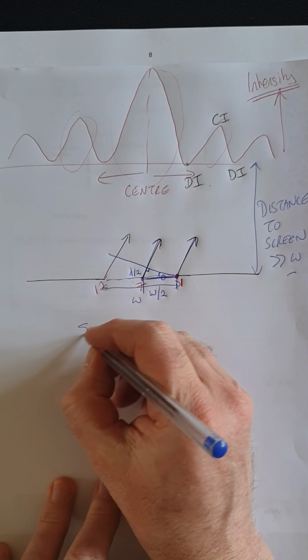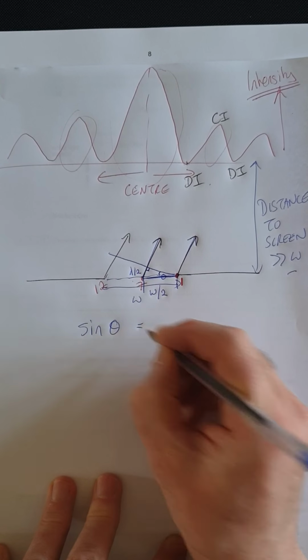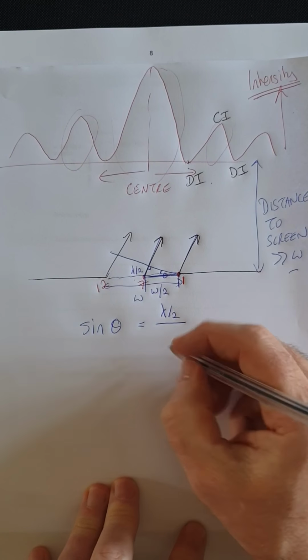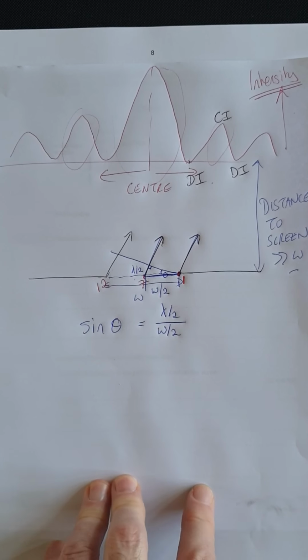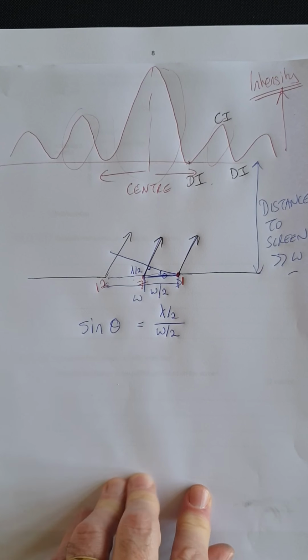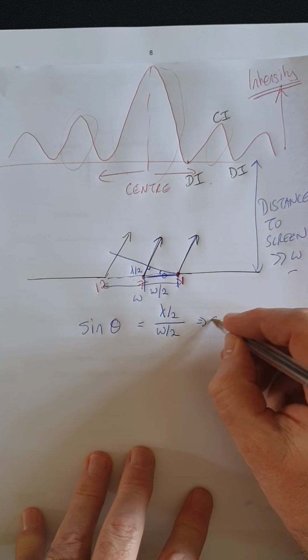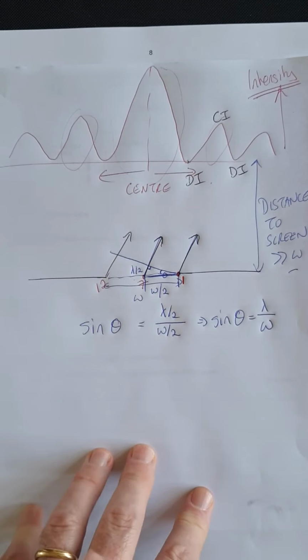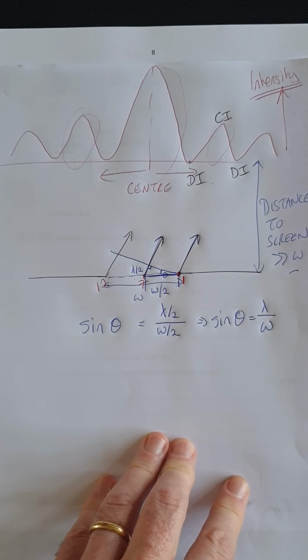So I can say that the sine of that angle is equal to wavelength divided by 2 divided by slit width divided by 2, which gives me the sine of that angle is equal to the wavelength over the slit width.